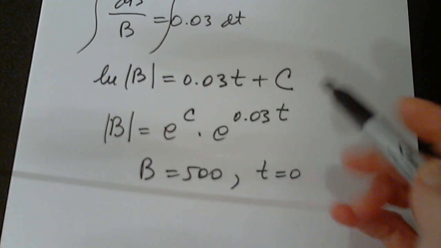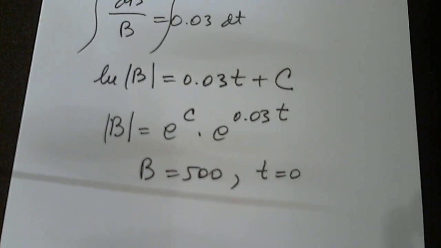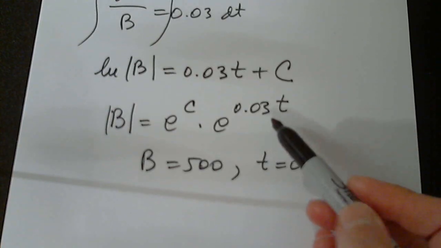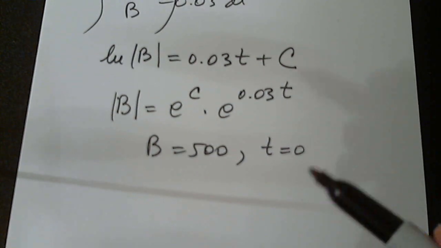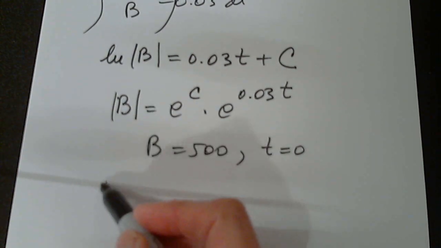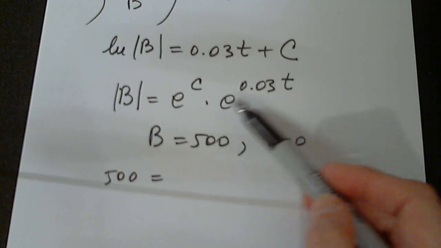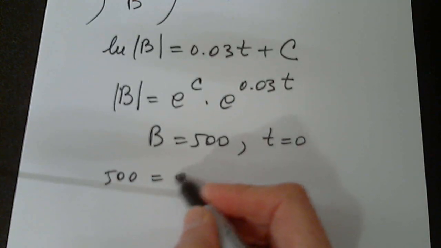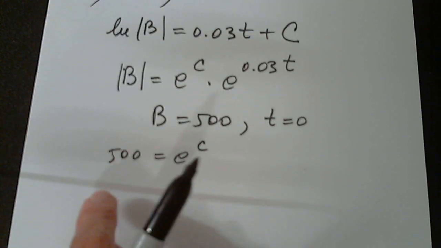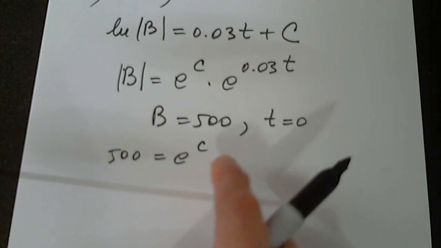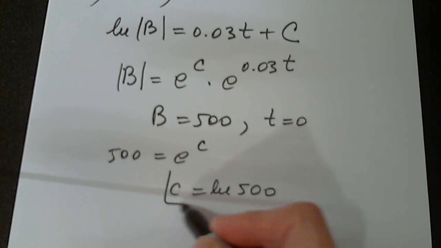Maybe in this situation I should not separate it, but you don't have to separate it until you find the constant, or you can present it as I did. So the absolute value of 500 is 500 equals, when t is 0, e to 0 is 1, so I have e to a constant c. How do I find the constant? I apply natural log to both sides to bring c down. So then c equals natural log of 500.